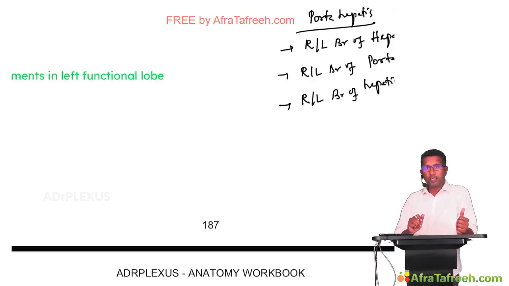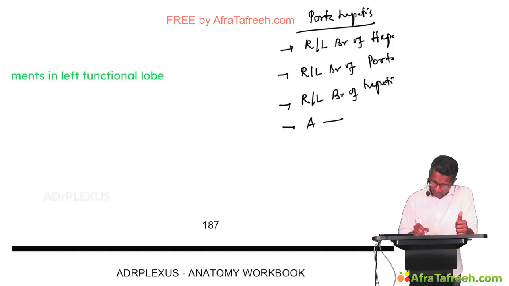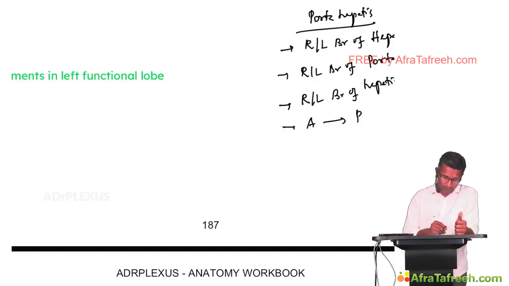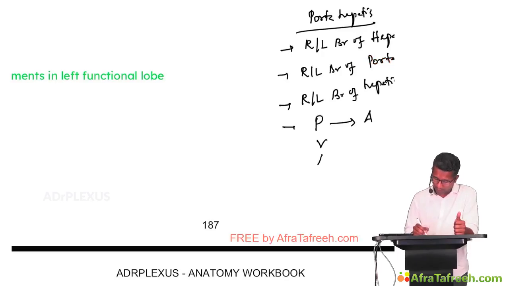And in what order are these three structures arranged? You can remember this by a mnemonic. We'll go from posterior to anterior so that the mnemonic works easily. When you go in the porta hepatis from posterior to anterior, you get the VAD structure.